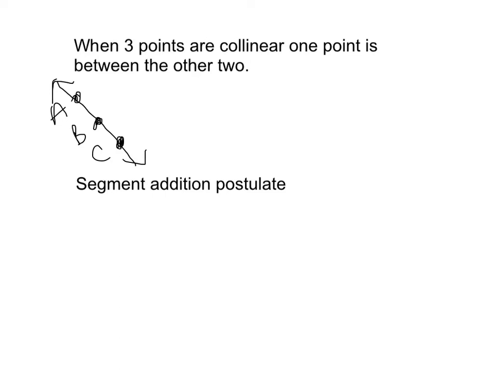They are collinear, but because they are collinear, B has to be somewhere between the other two. Now, if we had a point over here, let's say point D, we cannot say D is between A and C because it is not collinear with these 3 points right here.